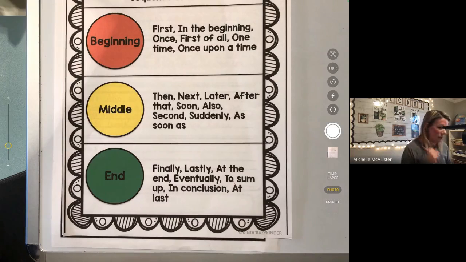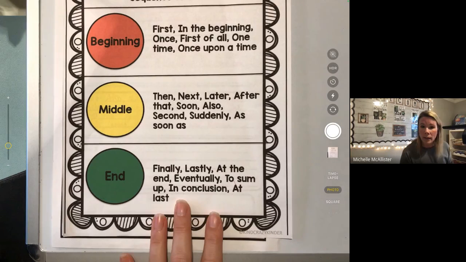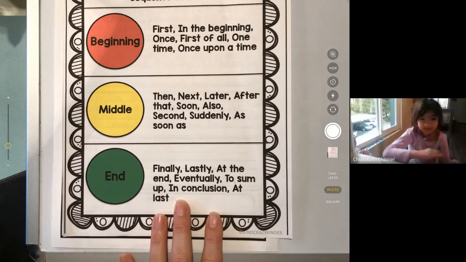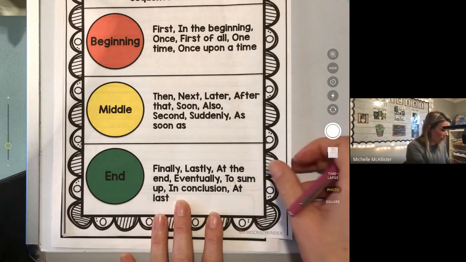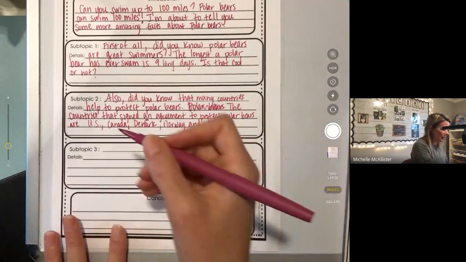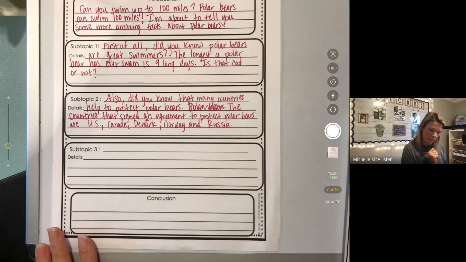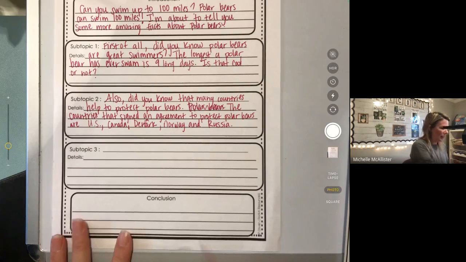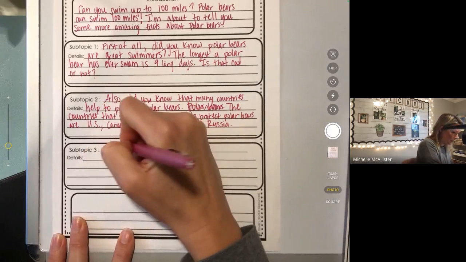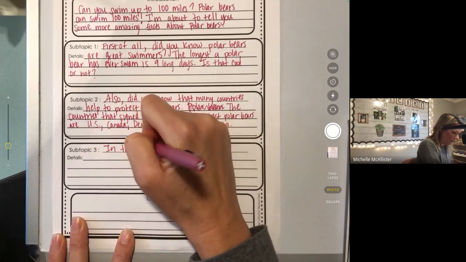We could use any of those actually. Which one do you want to use, Evelyn? At the end, okay. At the end, or how about in the end? In the end, I like that better.